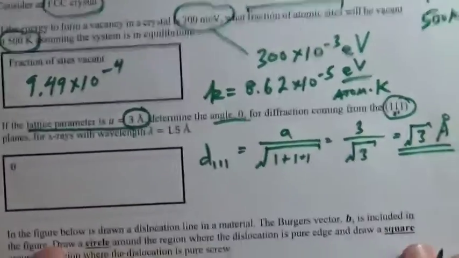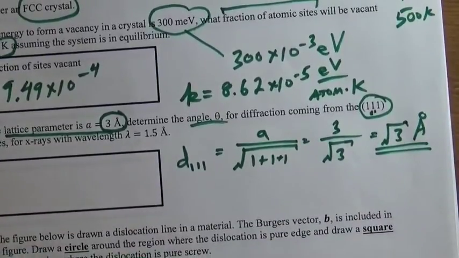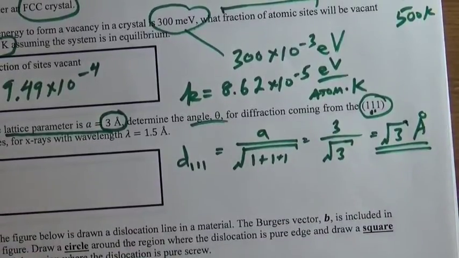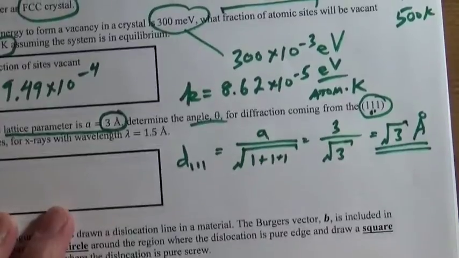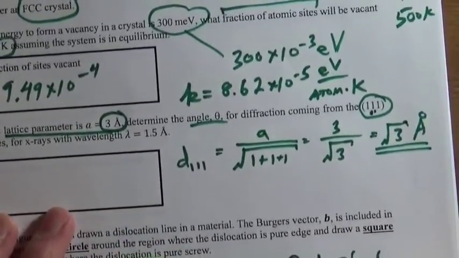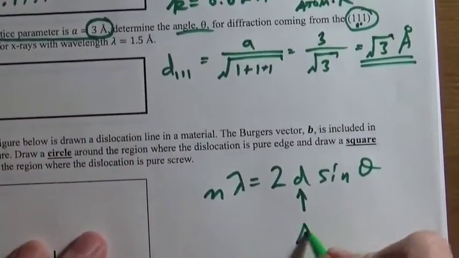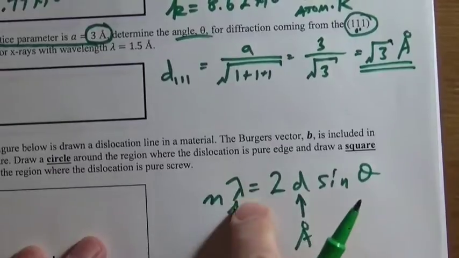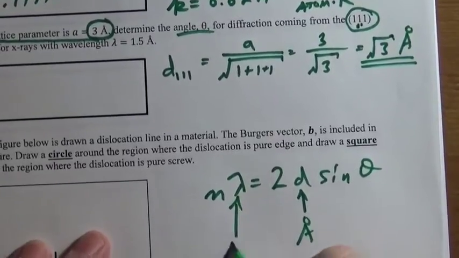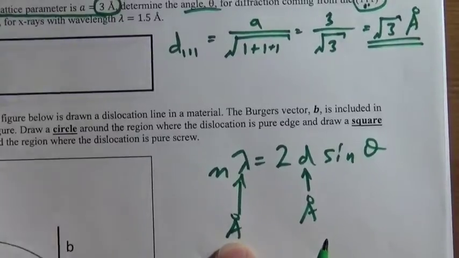Now I could have changed the units to something else, but we don't have to as long as the units all cancel out. In n lambda equals 2d sine theta, if that d is in angstrom, as long as our lambda is also in angstrom, we're okay.